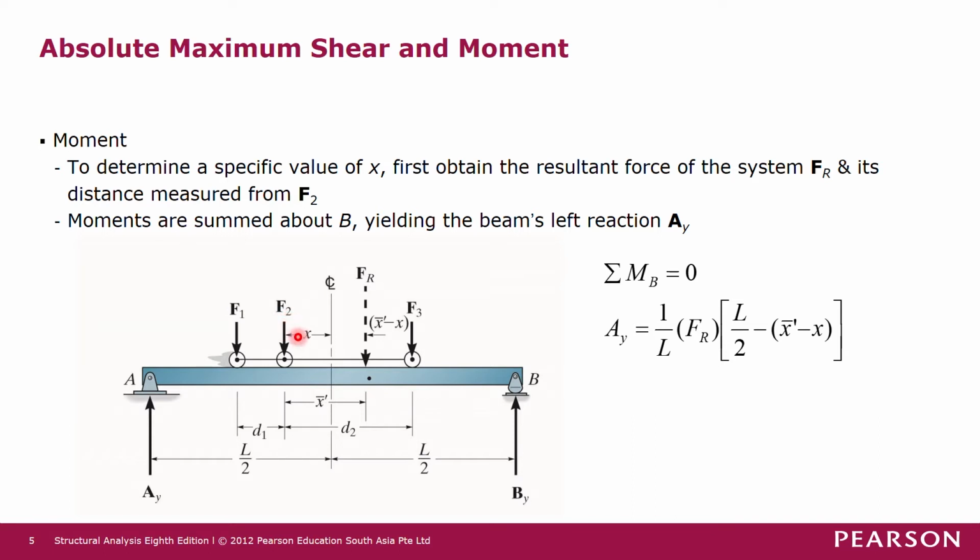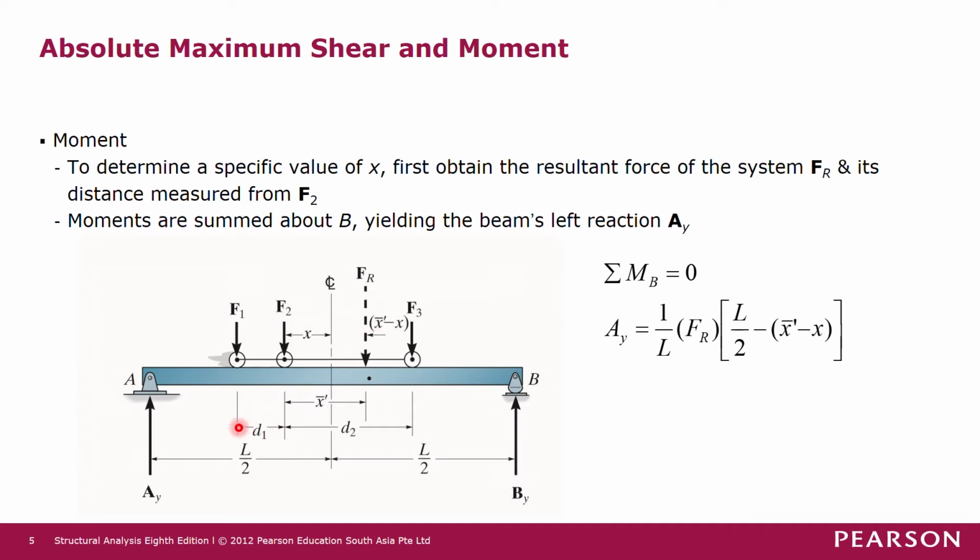We define the distance from the center line of the beam to F2 as x, and the distance from the resultant force Fr to F2 as x bar prime. So this distance is x bar prime minus x.